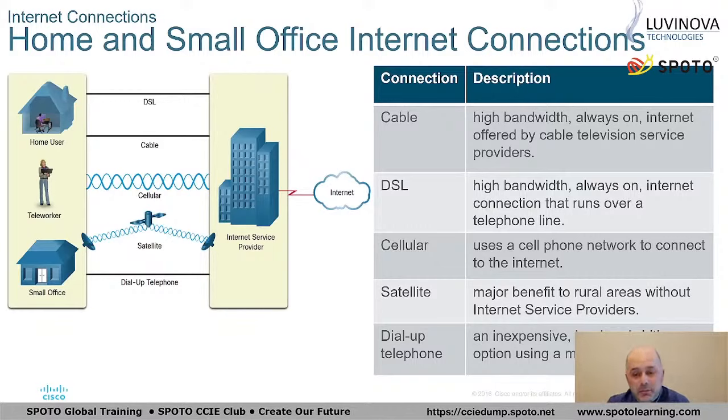And at the end, dial-up telephone is already legacy. It is not in use anymore, but at the beginning when the internet was provided, we used a telephone line and dial-up connection.